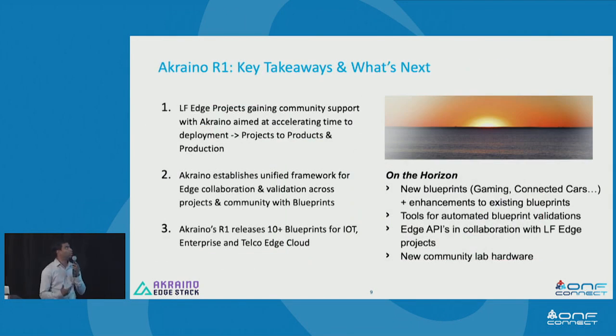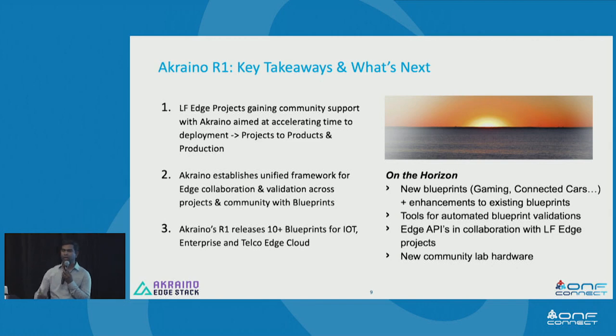What are the key takeaways and what's next? There is a lot of support, and 60+ companies are already participating in LF Edge. What we are doing here is trying to bring a unified framework across multiple blueprints.